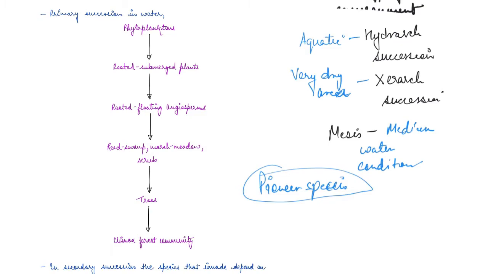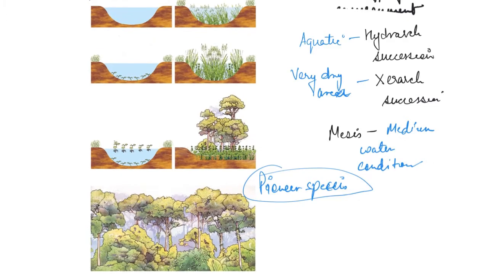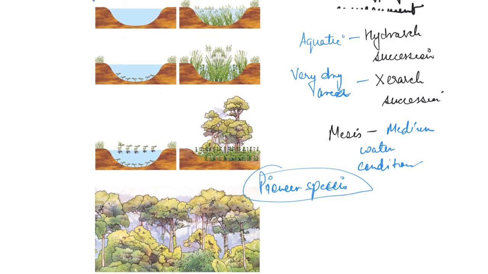Now let's understand the same with this diagram. Here what you see is the phytoplankton stage. So here we just have phytoplanktons, right? Then we have some submerged plants. After submerged plants, we get some free floating plants as well.